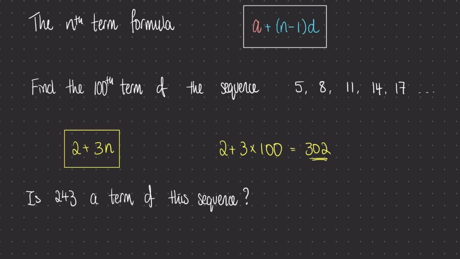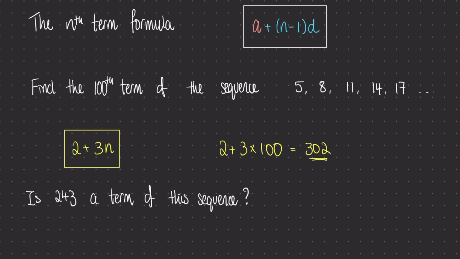The last part of this example then is asking us if 243 belongs to the sequence. What you might have noticed already is that every value of n is going to be a whole number. We start with n equals 1 and we're just counting upwards in the whole numbers, just our counting numbers. So if we calculate n to be a fraction or decimal or something like that, we know that it cannot belong to our sequence.